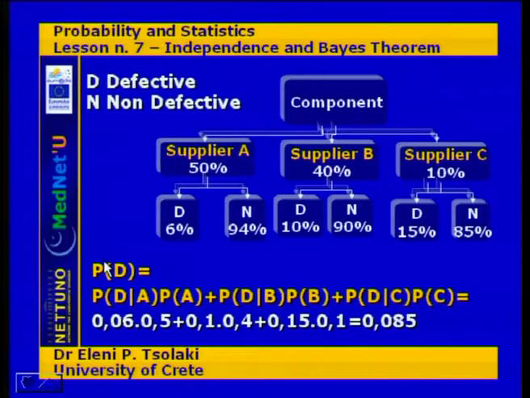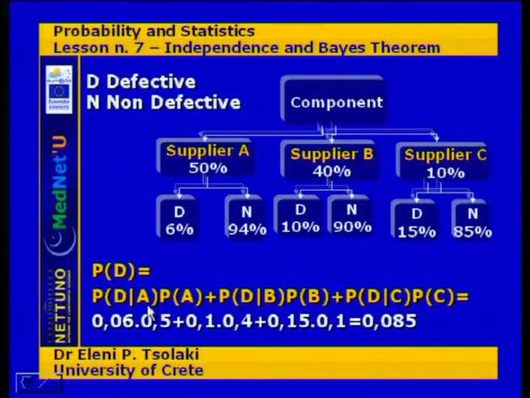Now, if we want to calculate the probability of the defectives, if the company doesn't mind from which supplier the component came, but wants to see what is the probability of having a defective component, then we can use the law of total probability.